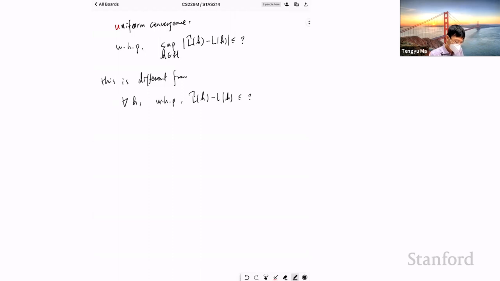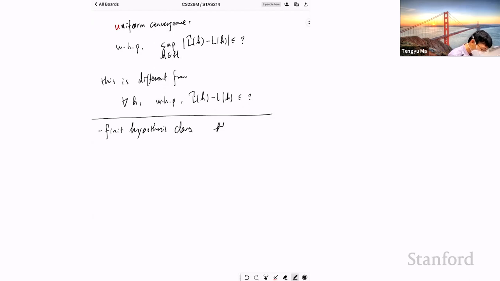In this lecture, we're going to talk about two cases for h. Certainly this statement depends on h. You cannot hope to prove things like this for every possible capital H. The bound depends on the family of hypotheses you're talking about. The first part is about a finite hypothesis class, where H is assumed to be finite.